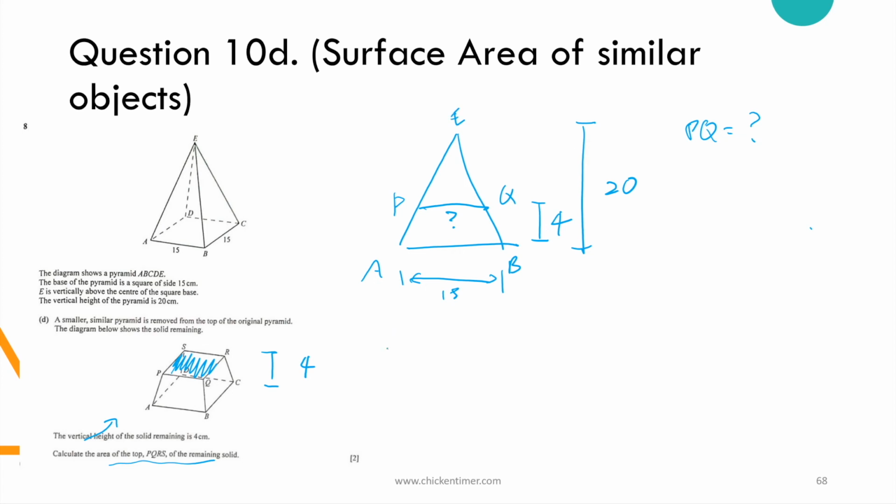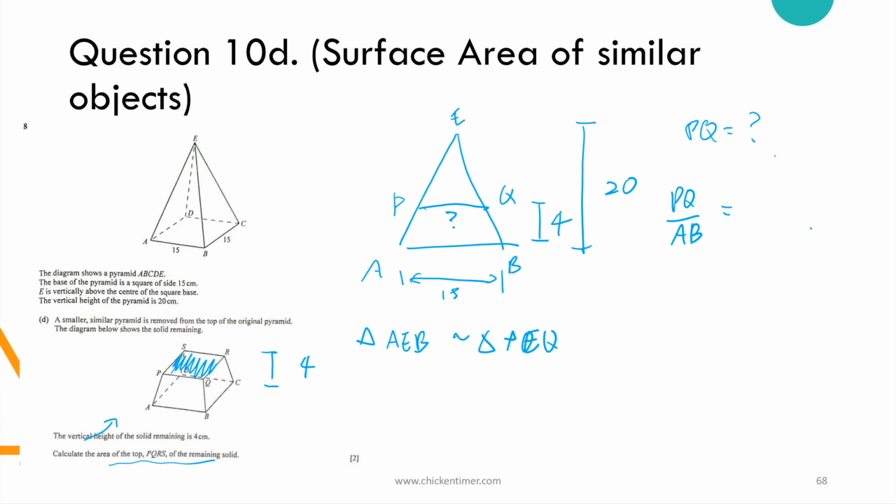where AEB triangle is similar to triangle PEQ, which means PQ over AB will be the same as the ratio of the height.